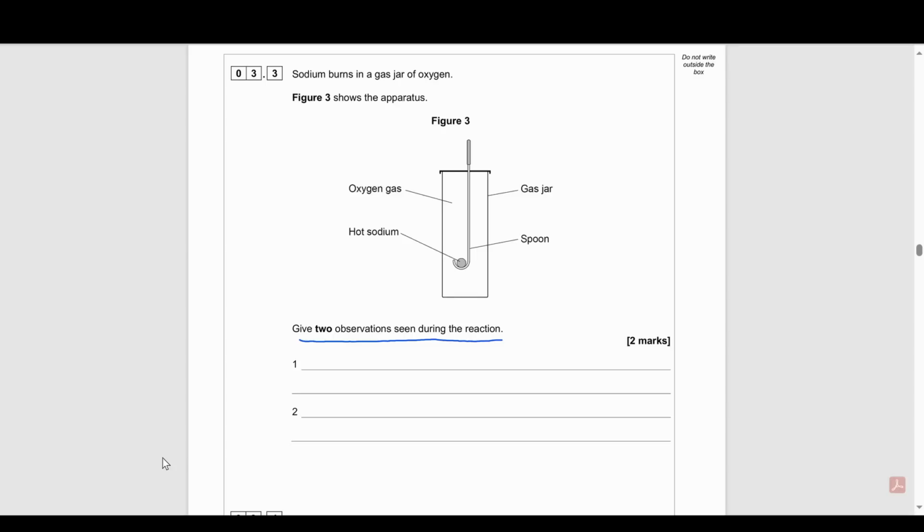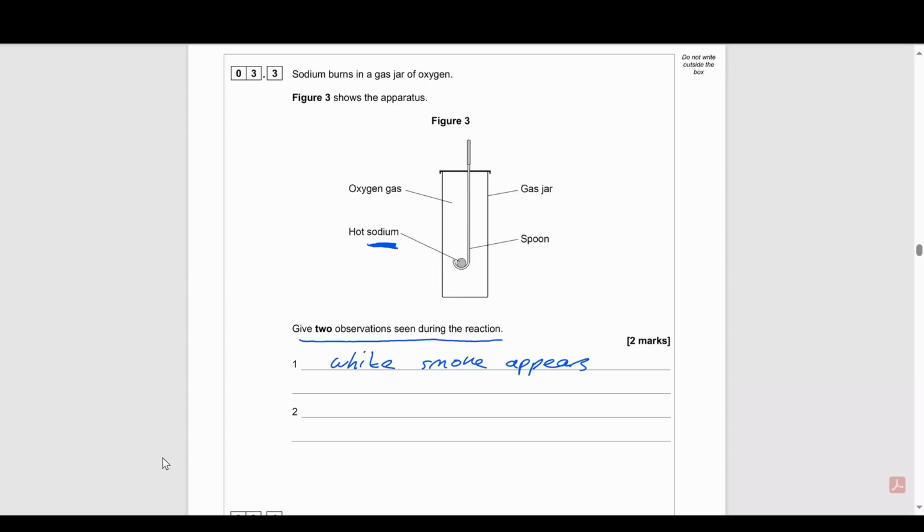Now, when sodium reacts with oxygen, we form white smoke. Now, this white smoke appearing is actually for any metal that's in group 1.